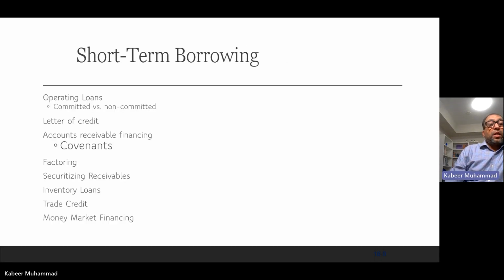So we can say that short-term borrowing includes operating loans, committed versus non-committed. We can arrange borrowing in several ways: operating loans, committed and non-committed; letter of credit, which is also a way of borrowing; accounts receivable financing; factoring, to sell the accounts receivable to a third party; and securitizing the receivables, where we convert the receivables into bonds and sell them to the public against that security.